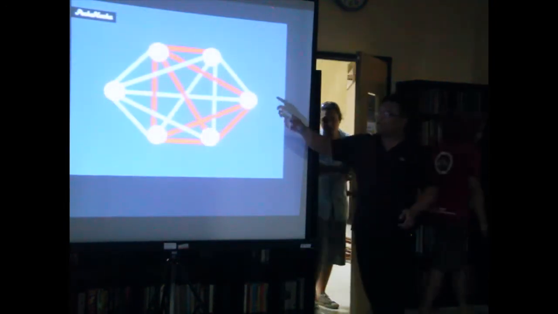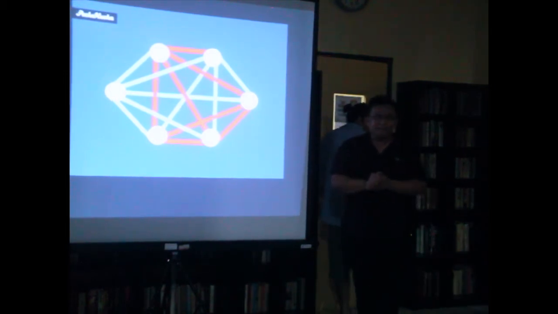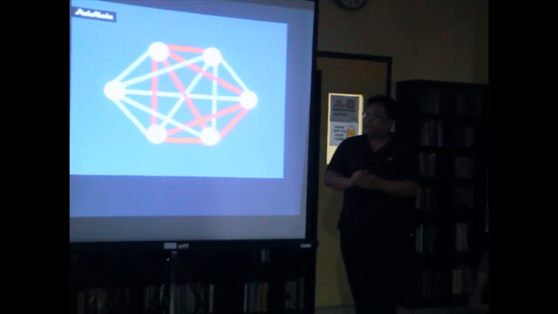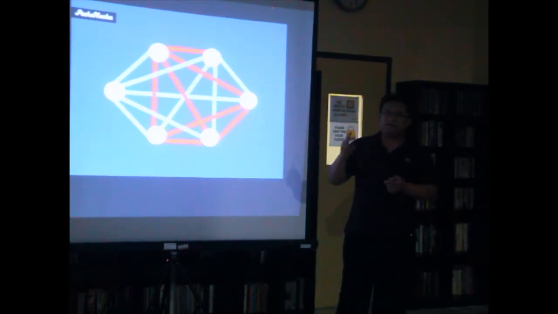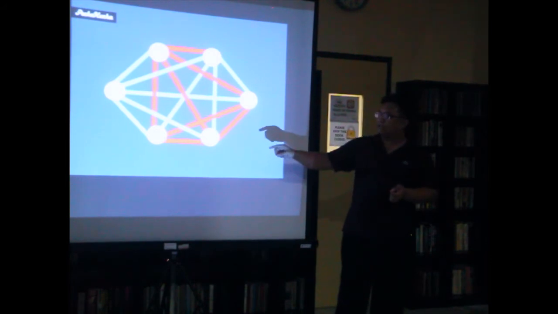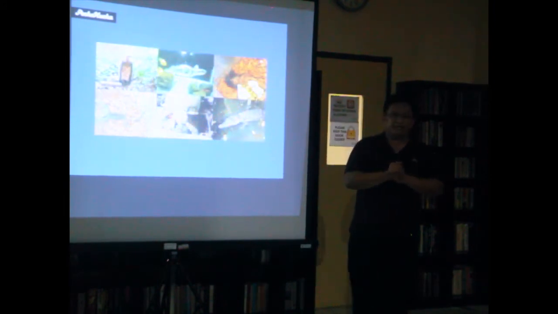So I've drawn this. You have 6 points there connected by colored lines. Now, this is in Ramsey theory, Ramsey numbers. And it turns out that if you use 2 colors, no matter how you color those lines, you'll always be able to find 3 points that are all connected by the same colored lines.